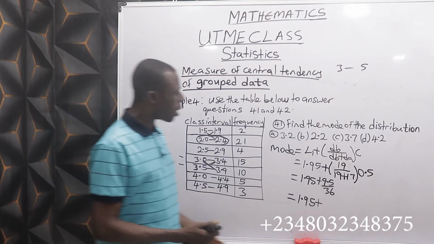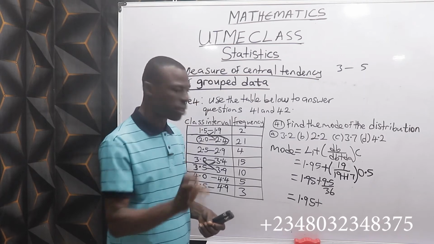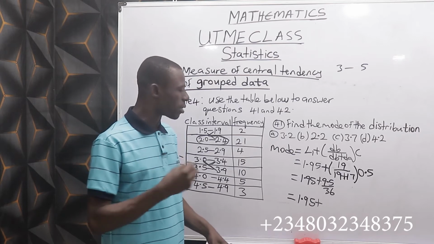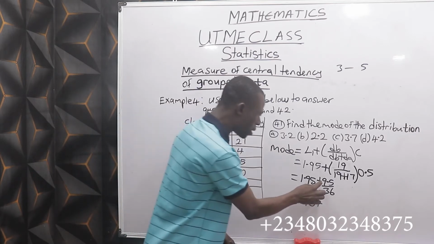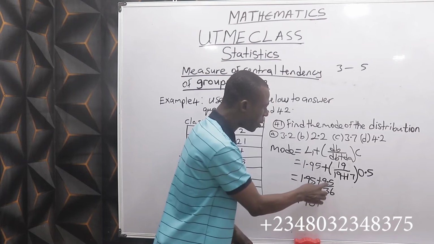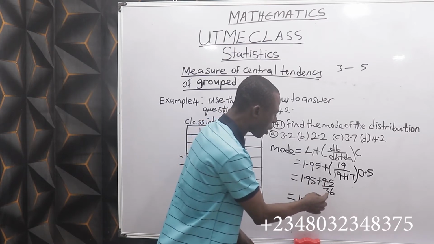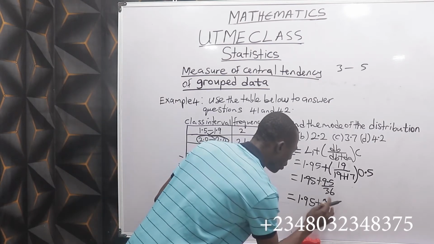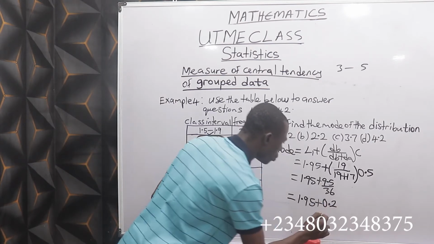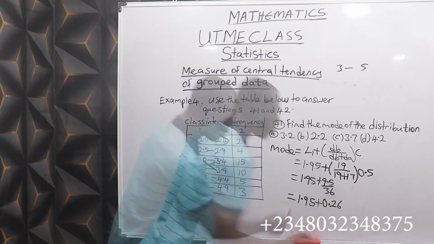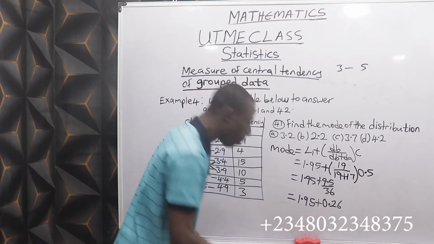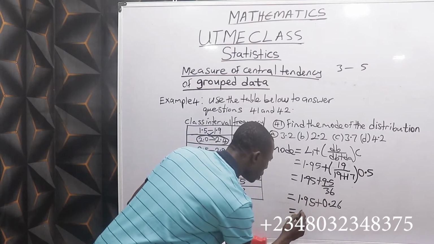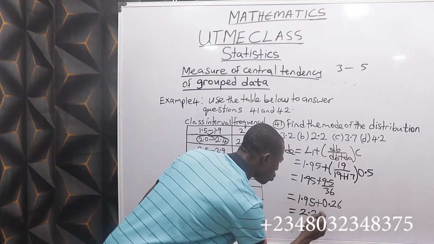In the exam, you actually have your small calculator on the system, because something like this you will need a calculator. You have to be very fast at using it. Press your calculator for this: 9.5 divided by 36, and that will give you 0.26. 1.95 plus 0.26 will be 2.21.